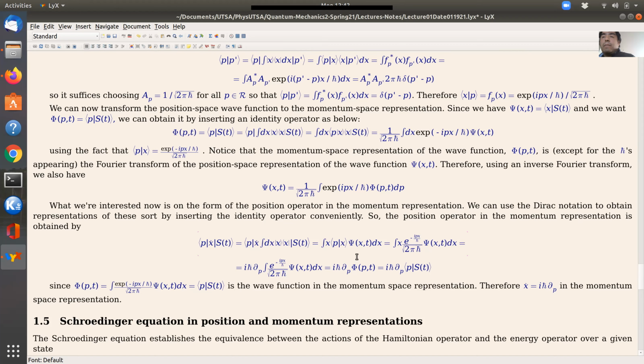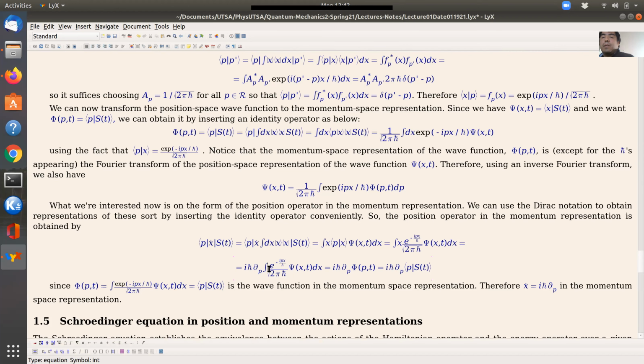And now by this, I'm identifying part of the equation that I had over here, right? Because I had the integral dx e to the minus ipx divided by h bar, divided by square root of 2 pi h bar, and then psi. So that's exactly all this object is precisely phi of p and time. So this is equivalent to taking the partial derivative with respect to p of phi of p and time.